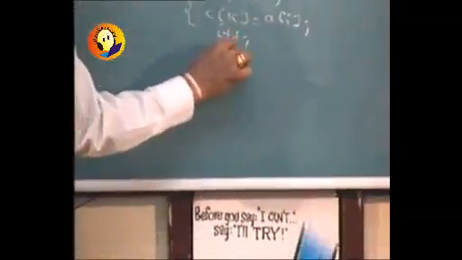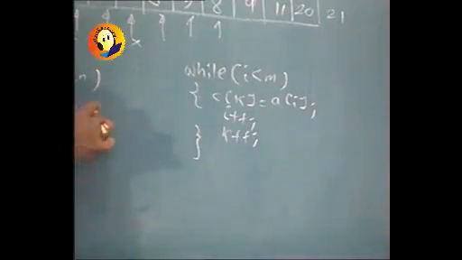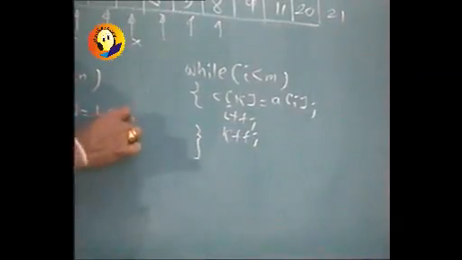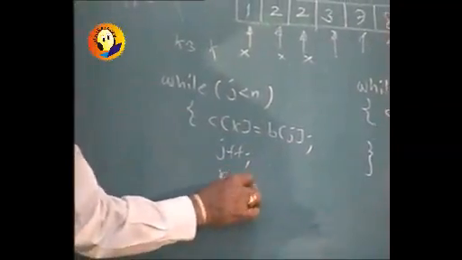So it will be I plus plus, k plus plus. Either this loop will be executed or it will be while j is less than n, C of k equal to B of j, j plus plus, k plus plus.